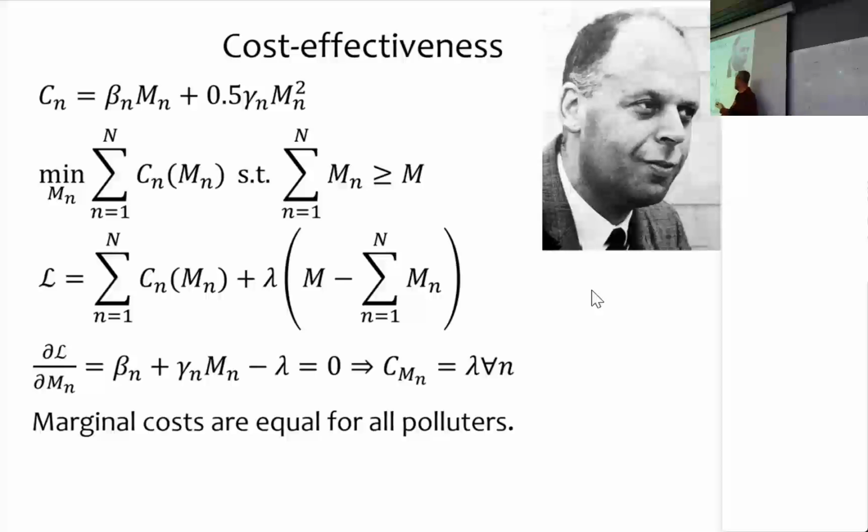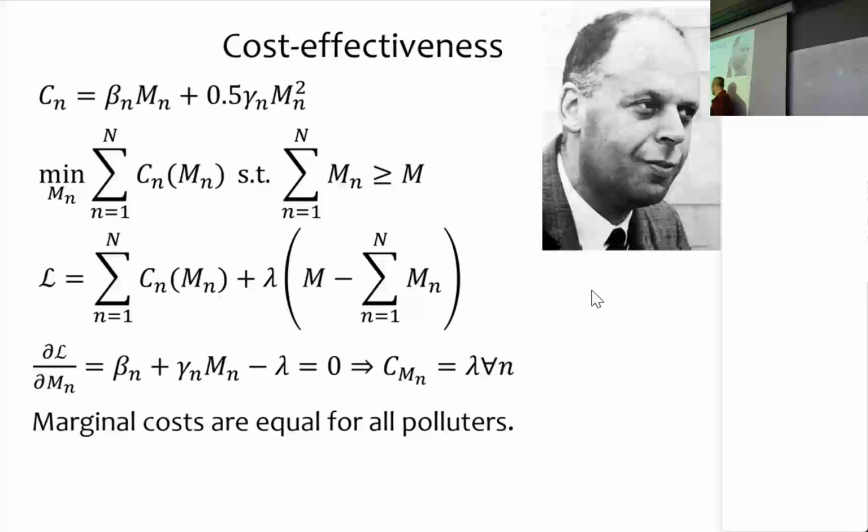And this is true for all companies, all polluters n. And the crucial insight here, and it is not a very difficult one, but it is a profound one, is that this lambda, the shadow price of the emissions constraint, is the same for all companies, right?